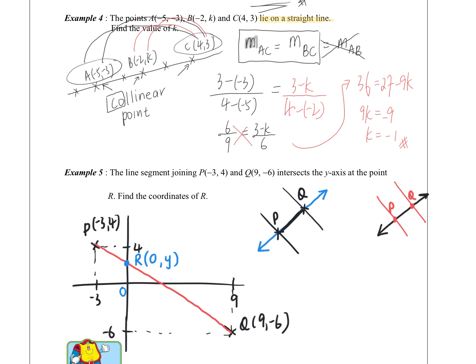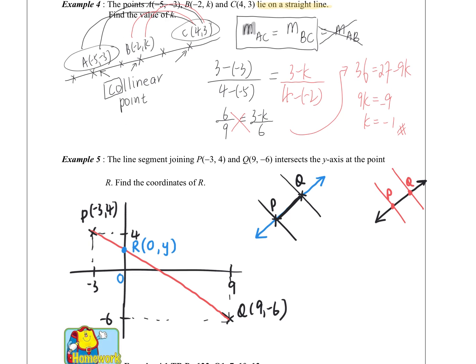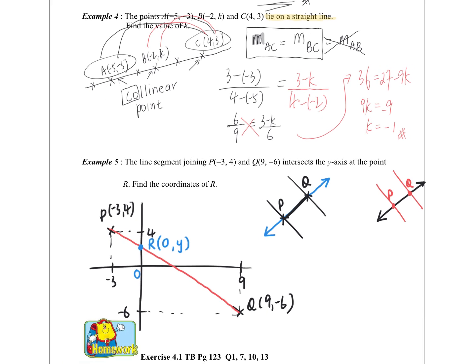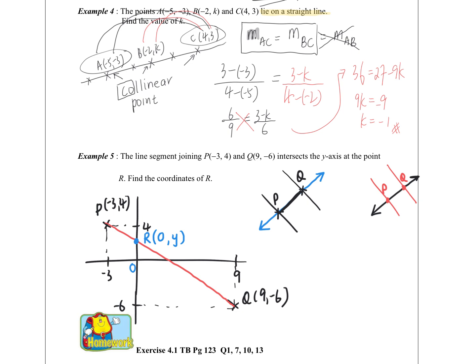So it is finite, but a line is infinite. You just need to know the terms they use have a meaning behind them. Imagine you have an infinite line going there. So if I want to find the coordinates of R, how will you approach this question?